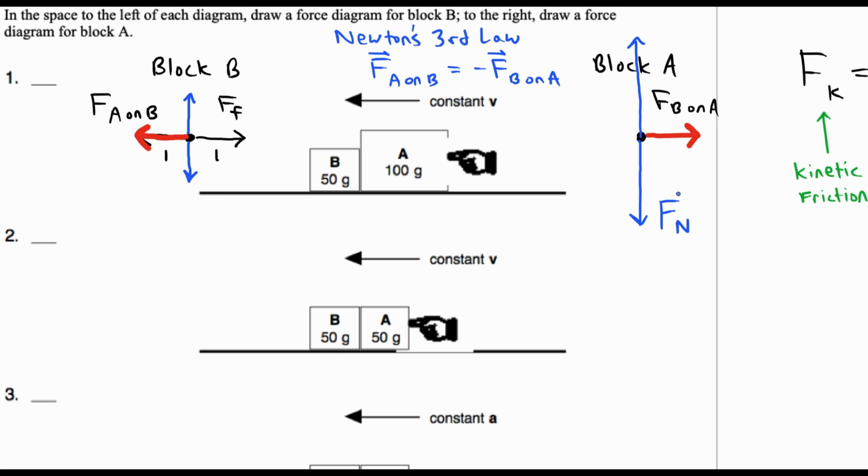Because that normal force for A is so much bigger than the normal force for B, the friction is going to be larger for A. It's going to be twice as large. So even though I have a size of 1 here for the friction on B, I need to have a friction size of 2 for block A.